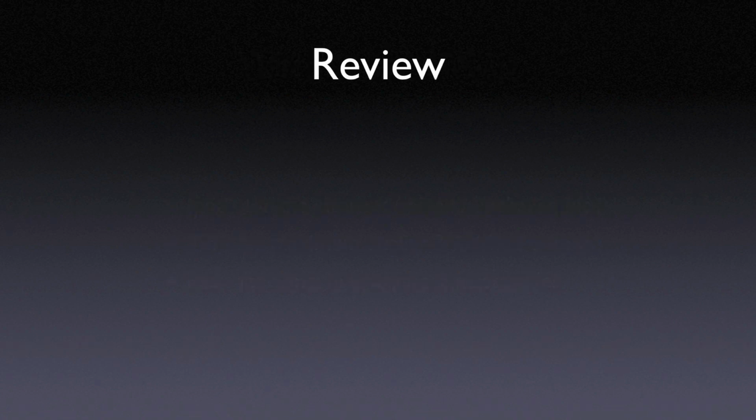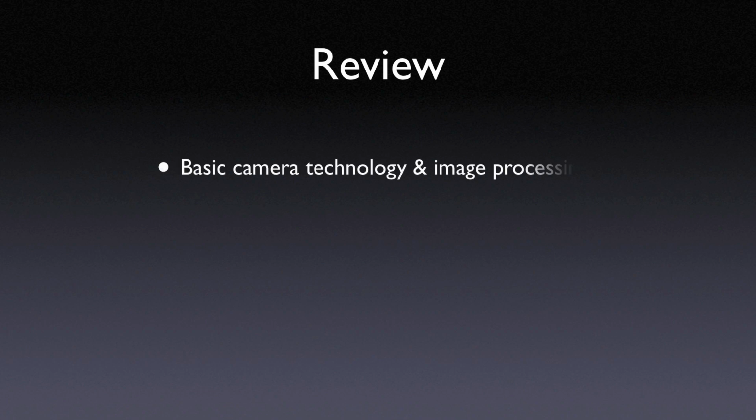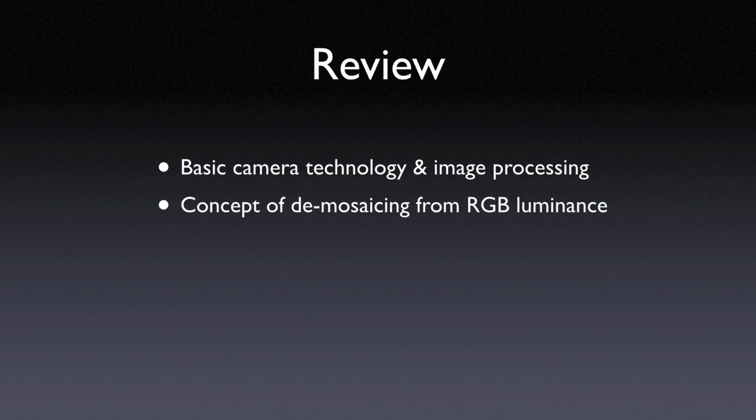So, as a review, we covered basic camera technology and image processing. We learned about how cameras capture luminance information through red, green, and blue filters, and how full color is interpolated from this luminance data with a demosaicing algorithm. We looked at the nature of pixels and how image quality is derived from having small enough pixels that we are not aware of them in an image viewed at an appropriate size and distance.